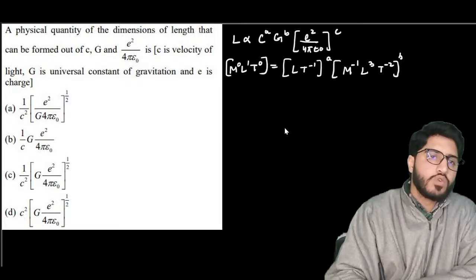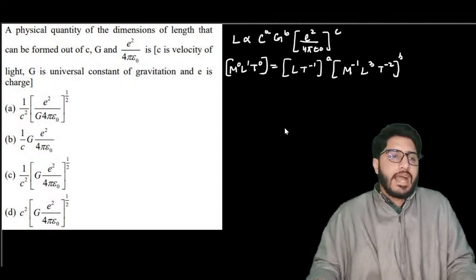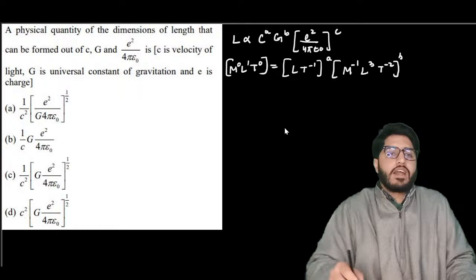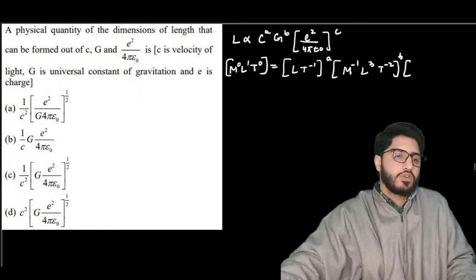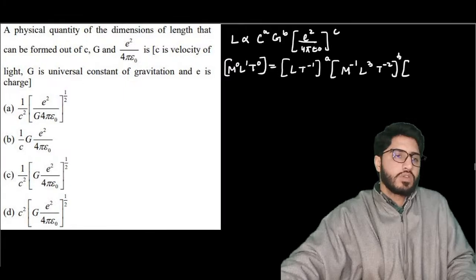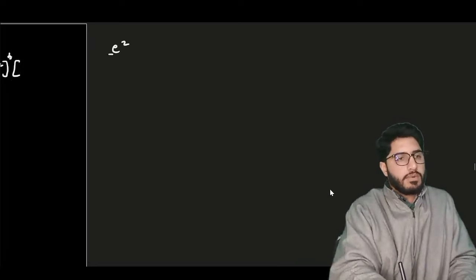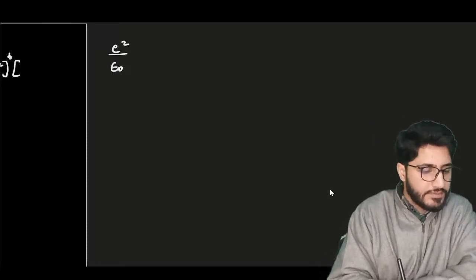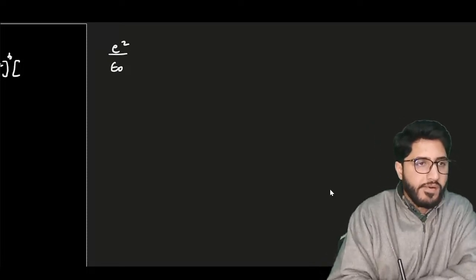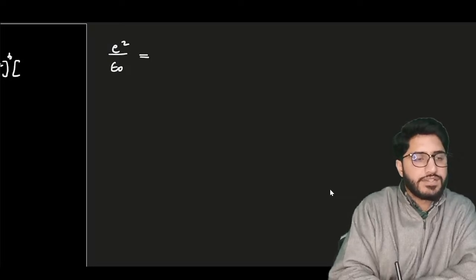So first of all, I need to derive the dimensions of charge, that is e square, then epsilon naught, then I can simplify it and put the values here. So I need to derive e square by epsilon naught. What is e? That is charge.